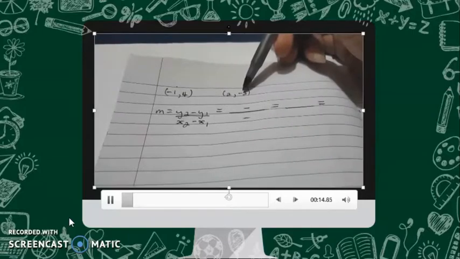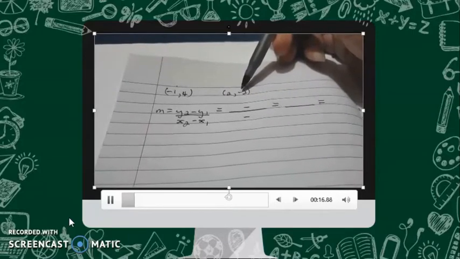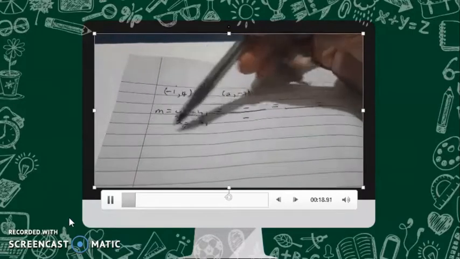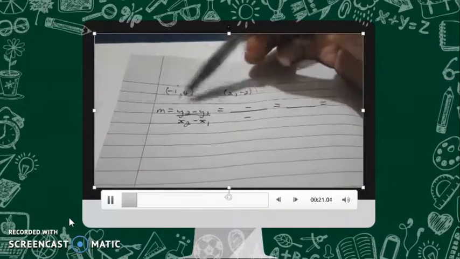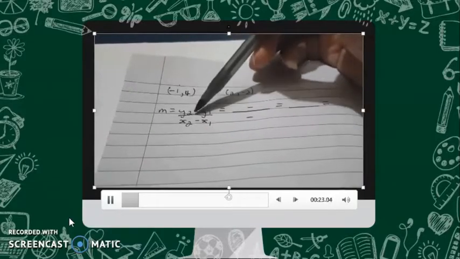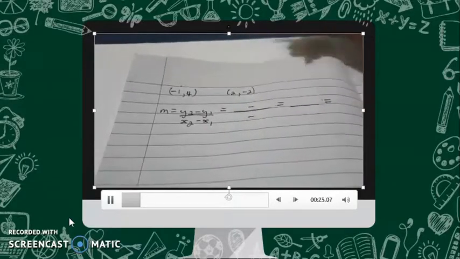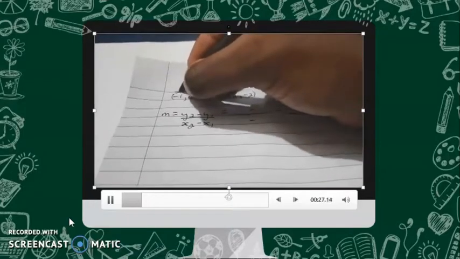So first things first, you always have to have your formula for gradient, which is y2 take away y1 over x2 take away x1. Alright, so now we'll label our points.